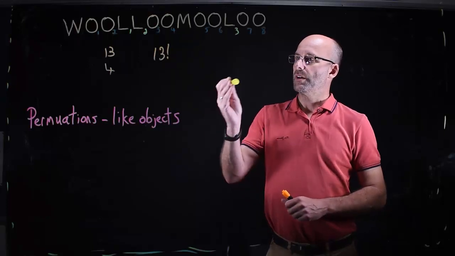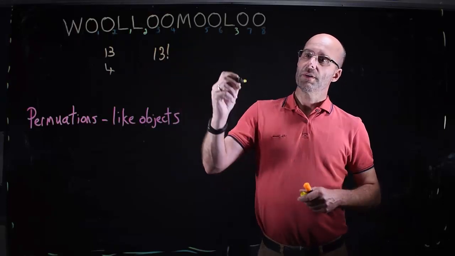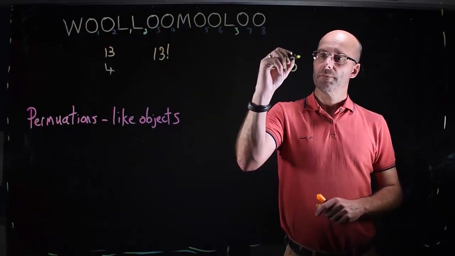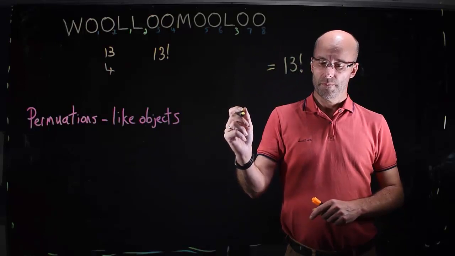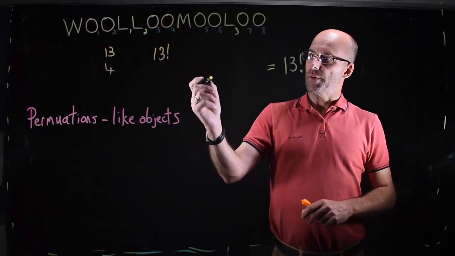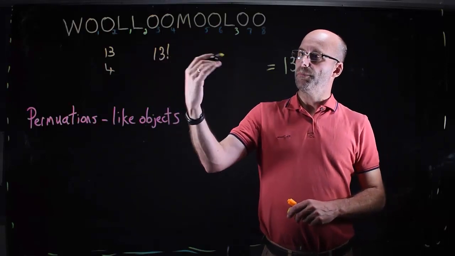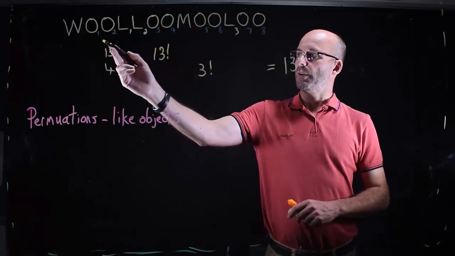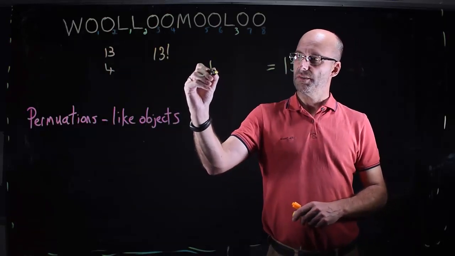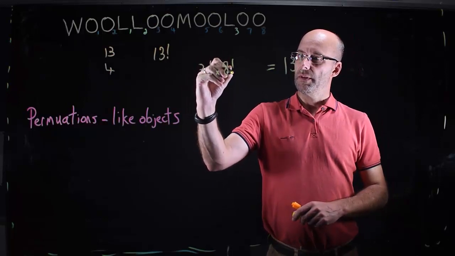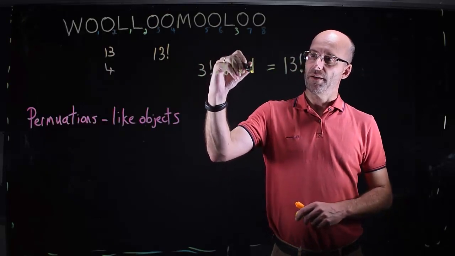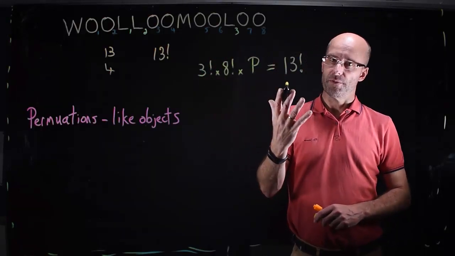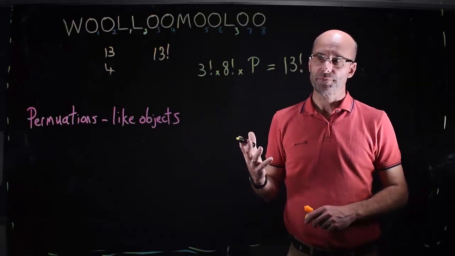So consider a case where we have the 13 factorial, so something equals 13 factorial. That is to say, if we had the 3 L's were all distinct, if the 8 O's were all distinct, and we factored in all of the other permutations, which I'm going to call P, all of that together would make 13 factorial based on our previous work.